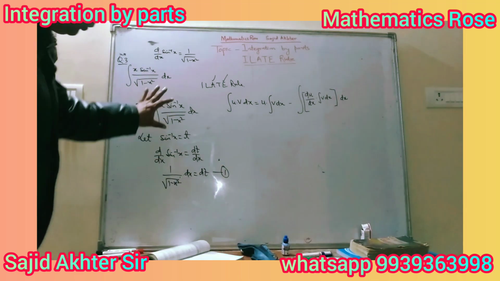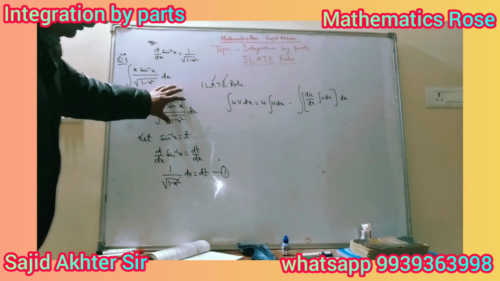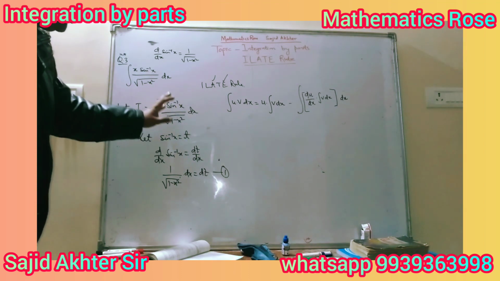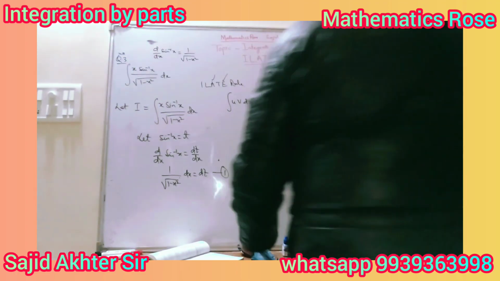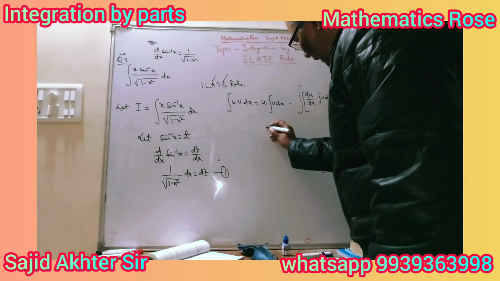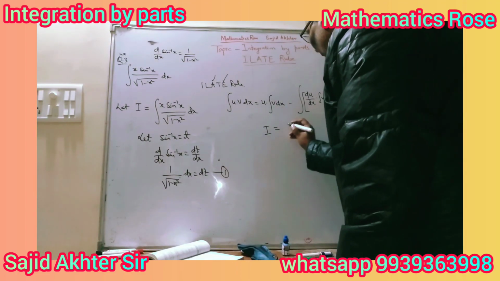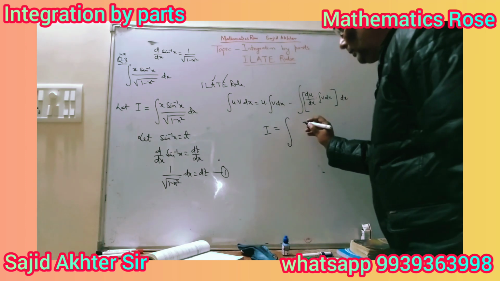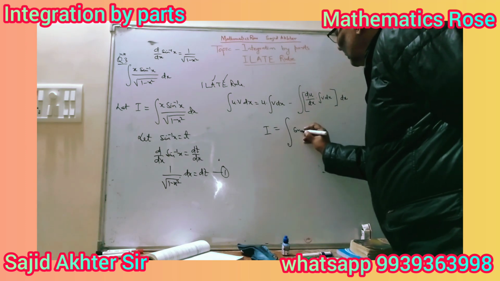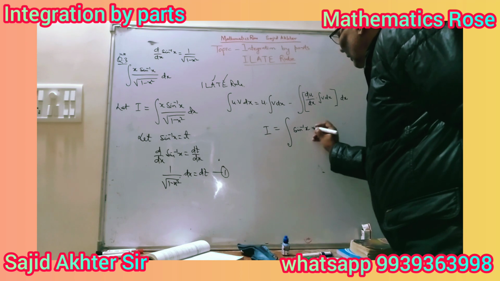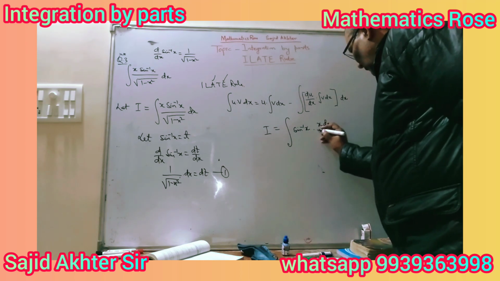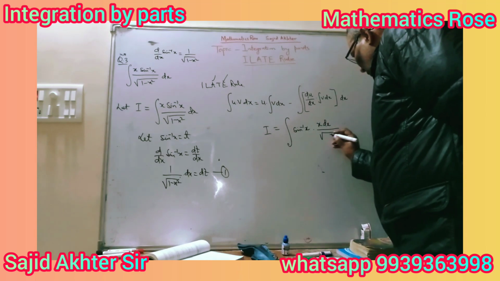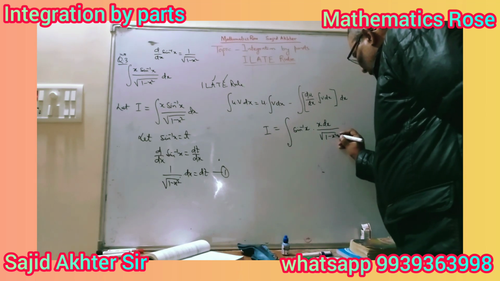Now we will convert the whole integration from the variable x into the variable t, because substitution is applied here. So I is equal to the integral of sin inverse x, then x dx upon root under 1 minus x square.